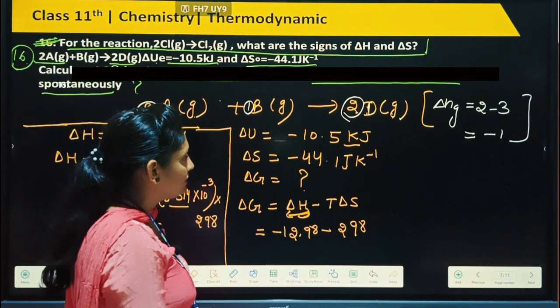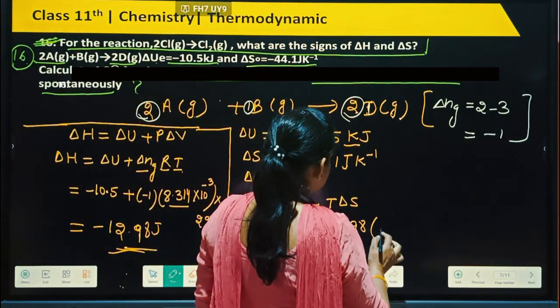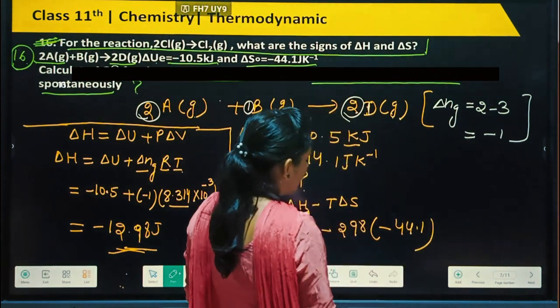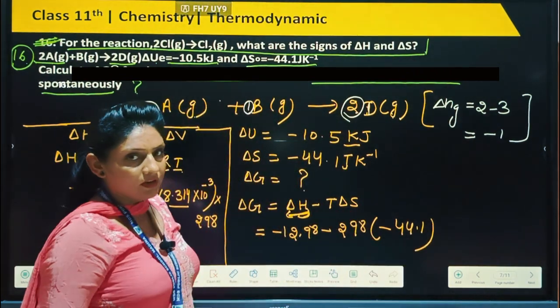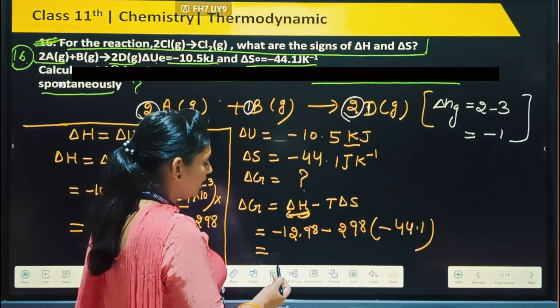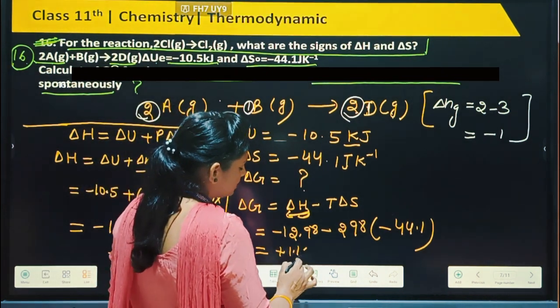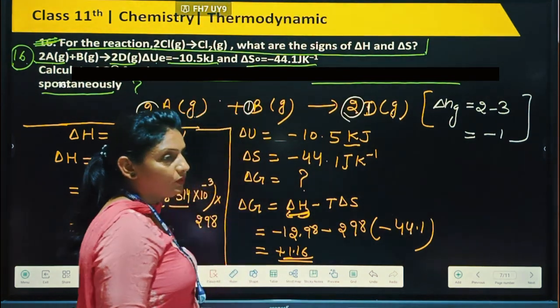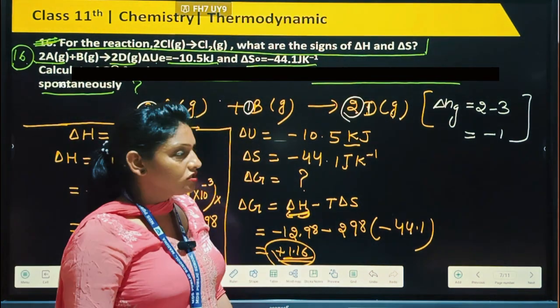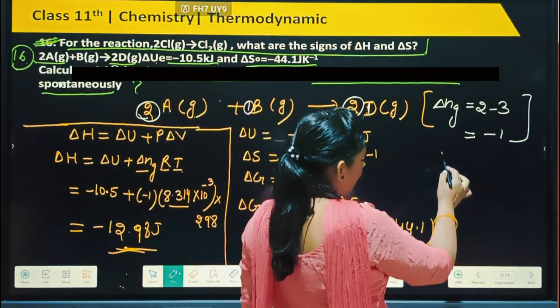Del S is given to us, that is minus 44.1. Then you will calculate this one. By calculating, you will get around plus 1.16. I think you will get this value. So students, it is positive.